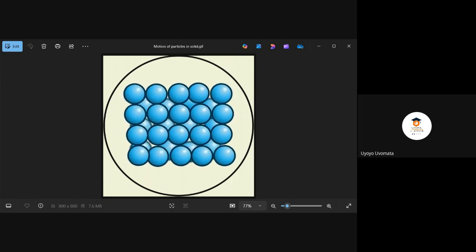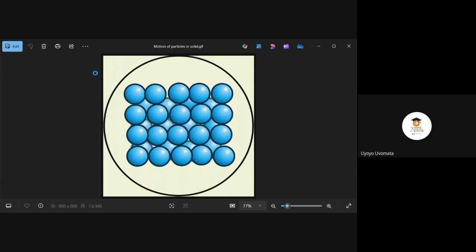For instance, the entire substance we can move from one place to another, but the particles in them will just be vibrating about their main position. They cannot move.